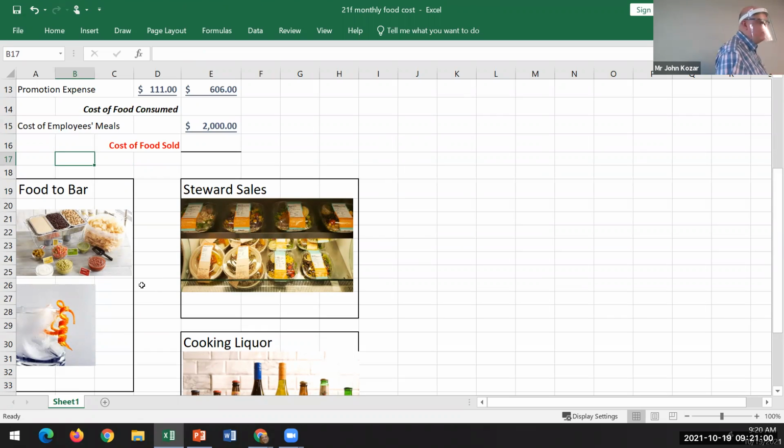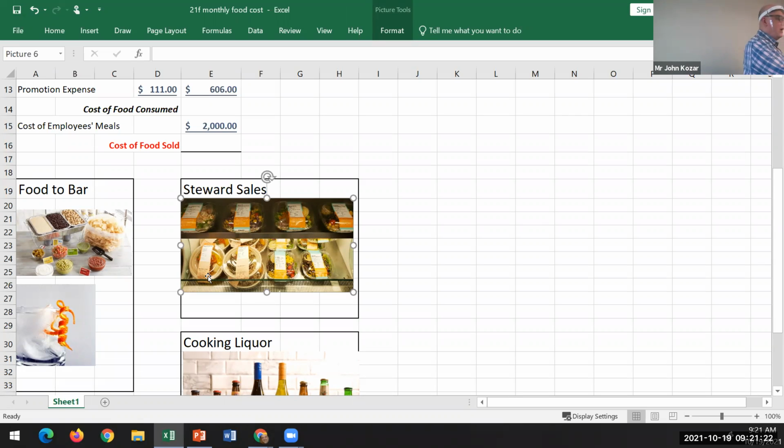So for steward sales, one of the benefits of working there is you can buy food at cost. This would be like pick-up sandwiches and things to go. It's not your lunch that you're going to eat, but something that you would take home for you and your family. So we're not selling it at full price, we're selling it at food cost.